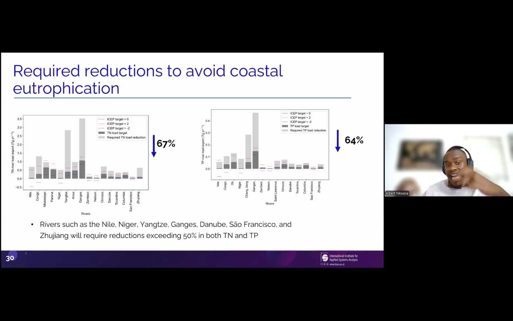For example, the Nile, the Niger, the Ganges, and the San Francisco will all require reductions that exceed about 50% for both total nitrogen and total phosphorus. But also interestingly, some rivers like the Irrawaddy, which are projected to experience significant increases in nutrient loads by 2050, do not require major reductions. This could be due to the ratios of nutrients, nitrogen and phosphorus to dissolved silica.